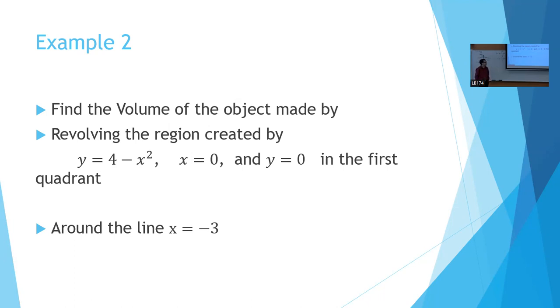In example 2, we're going to take the same region we just dealt with, but instead of rotating it around the y-axis, we're going to rotate it around the line x equals -3.